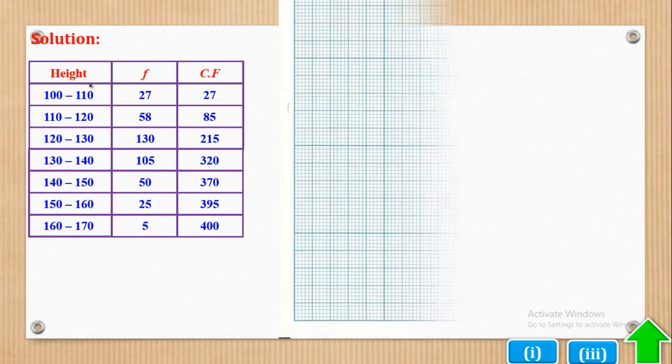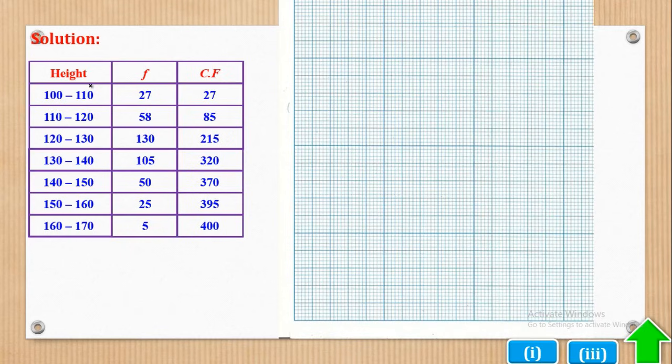Once you have them, you need the graph paper, and on the graph paper you put the horizontal axis and also the vertical axis. Then put a scale for the horizontal axis. Then you also put a scale for the vertical axis and label it.